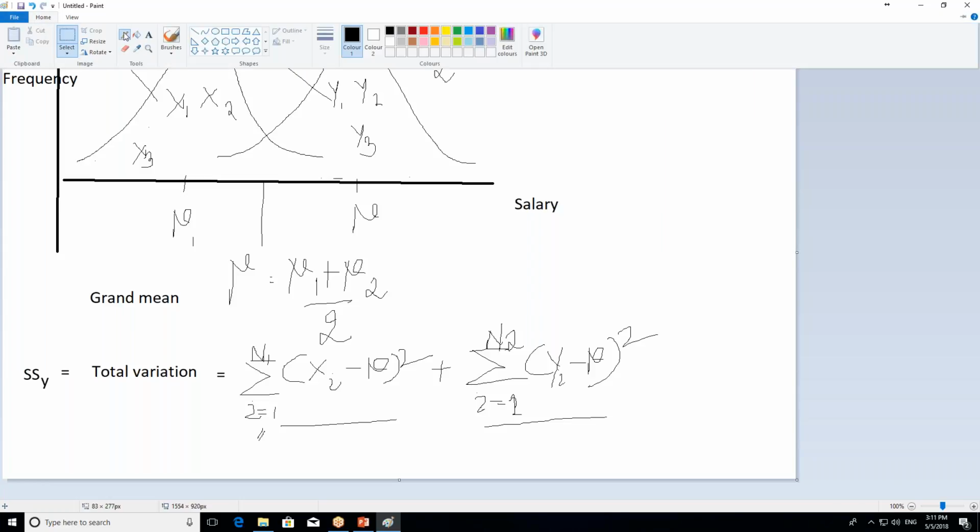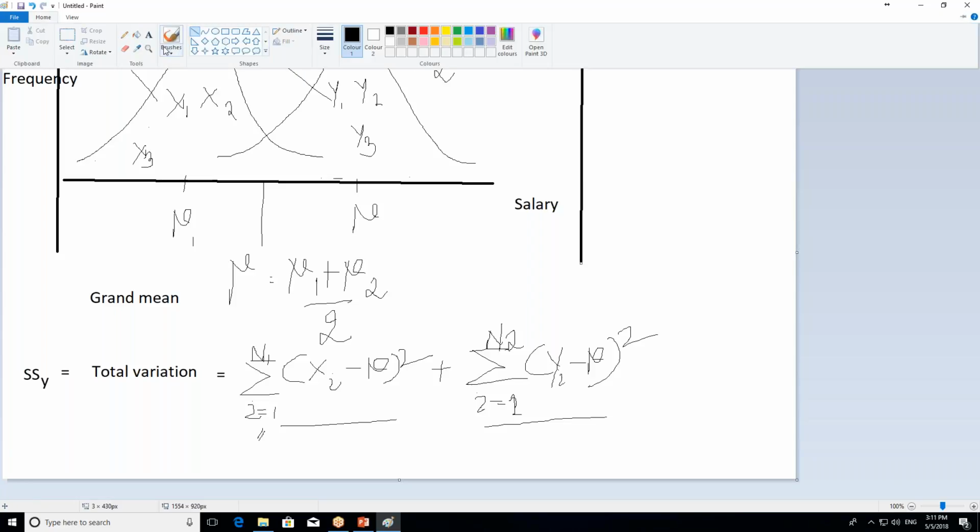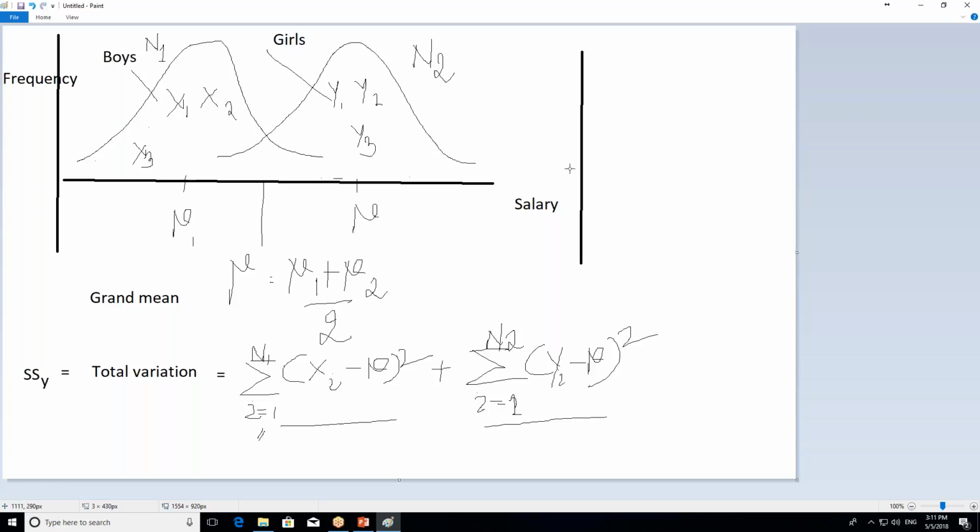What it means is, all boys, all n1 points, are collapsed to their mean only. All n2 points also collapse to their mean only.